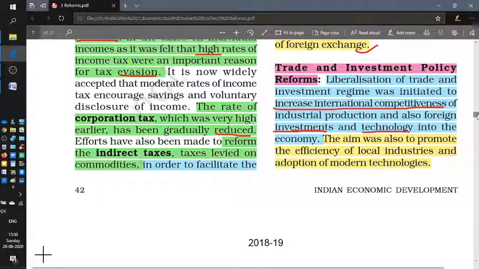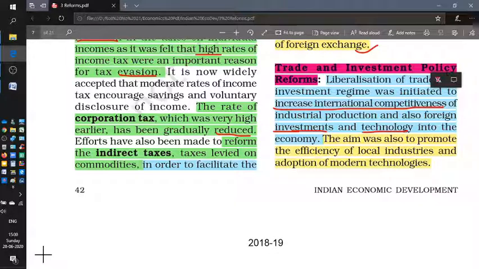And we also want to develop industries. We open up industries, give more role to the private sector. We also invite foreign investment to be able to develop industries. If we reform industries but don't reform investment, then also it will not bear fruit.